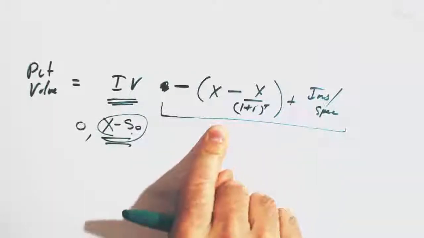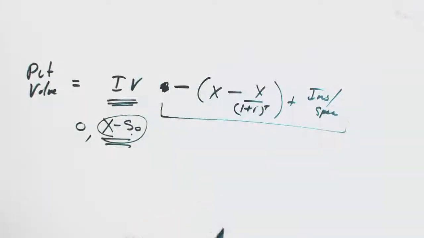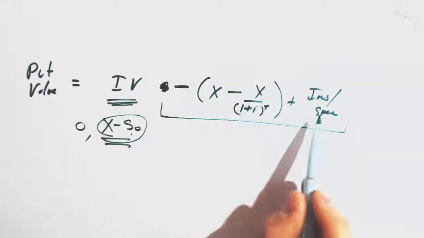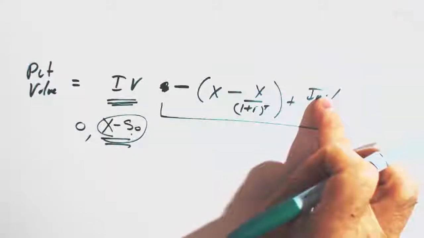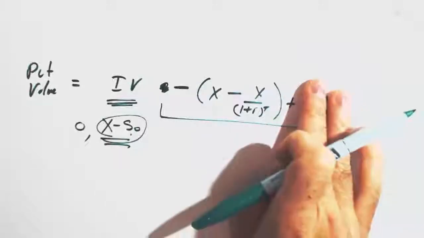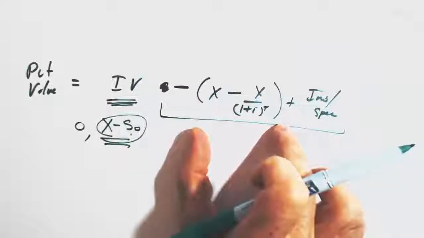So the point is, you exercise an American put early if you think this component in absolute value is bigger than the insurance value. If this insurance value is small, meaning you're throwing away a positive thing that's very small, close to 0, you're better off exercising it from the pure time value of money perspective.